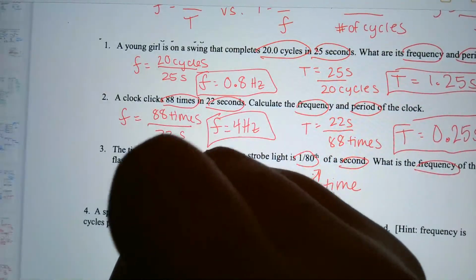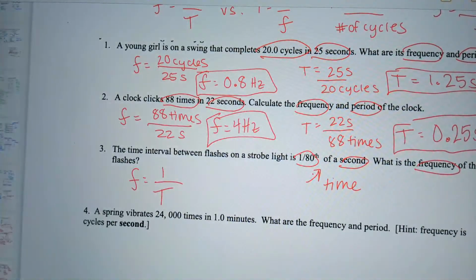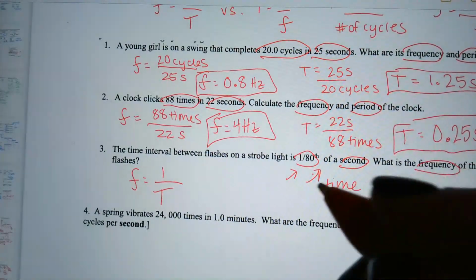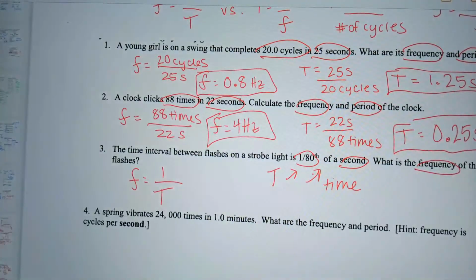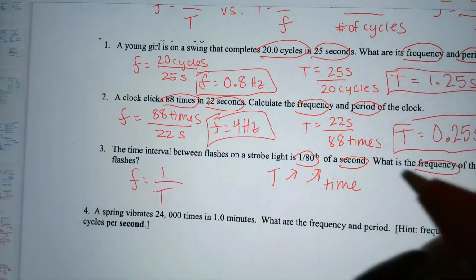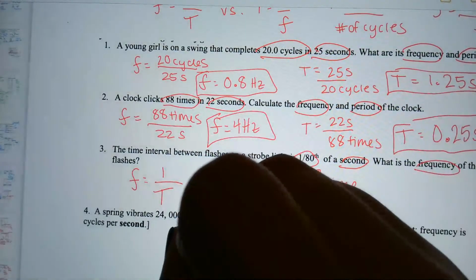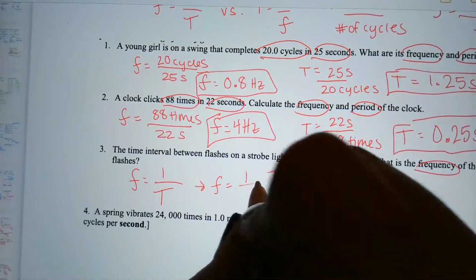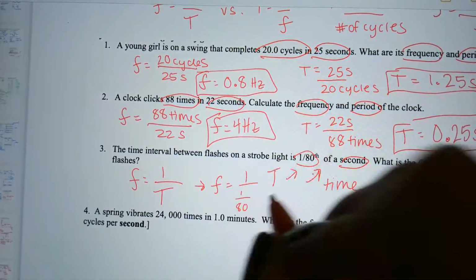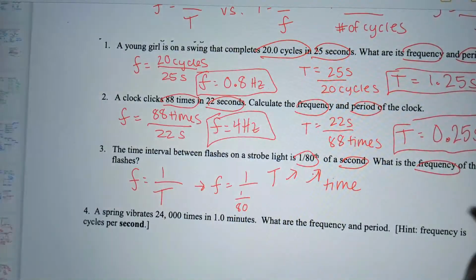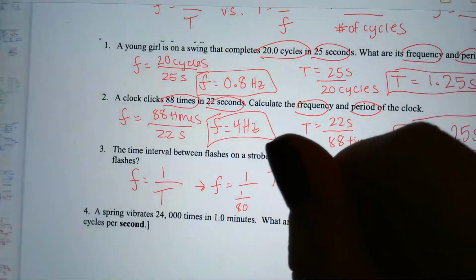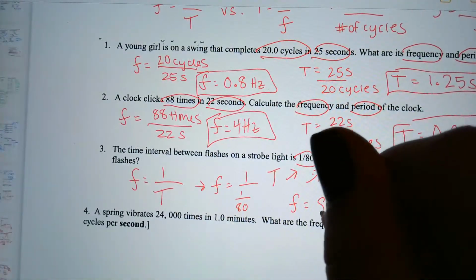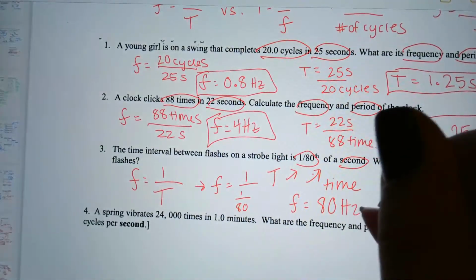So remember, it's going to be 1 over period. So they gave me the period right here. So this is T. So it's 1/80th of a second. So all we're going to do is plug in this 1 over 80. If you do that on the calculator, do keep change flip, you'll find out that the frequency is 80 hertz.